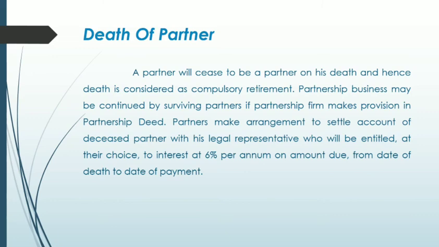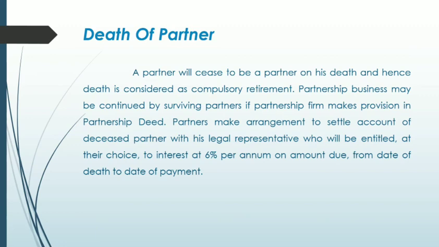Partnership business may be continued by surviving partners if the partnership firm makes provision in the partnership deed. It means if the provision is made in the partnership deed that after the death of any partner the business will continue, then the partnership firm will continue its business.